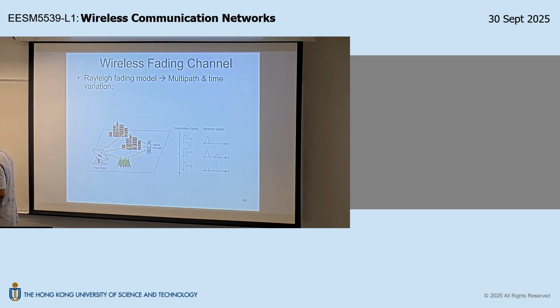So what's the condition for constructive superposition to happen? In terms of phase, the phase difference between the two paths must be integral multiple of 2 pi, right? In terms of path difference, the path difference between these two paths, what would be the condition? Integral multiple of lambda, right?